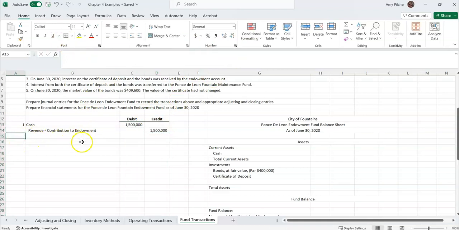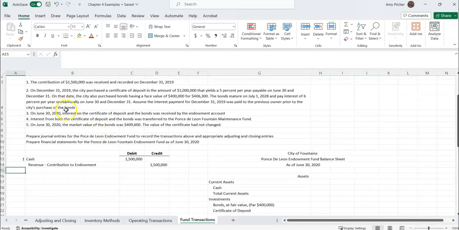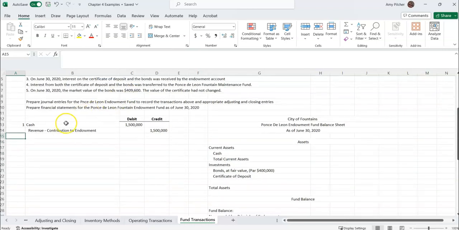Okay, so for transaction 2, we purchased a certificate of deposit for $1 million, and then we purchased bonds having a face value of $400,000, and we bought them at a premium for $406,300. So we're looking at the purchase of the bonds and the investment CD.